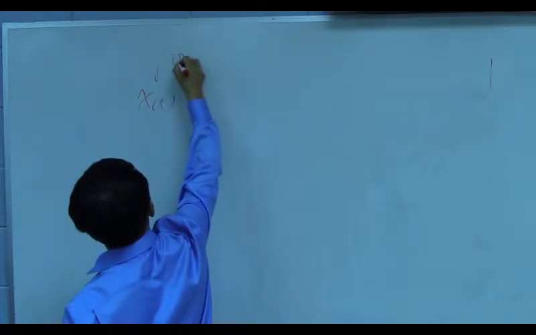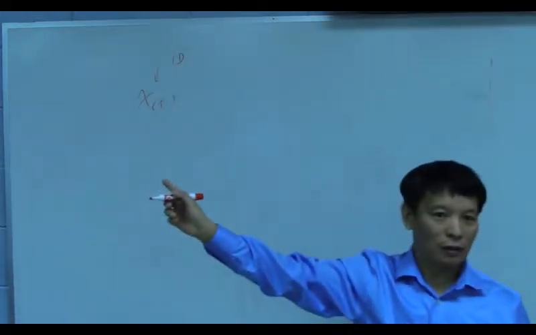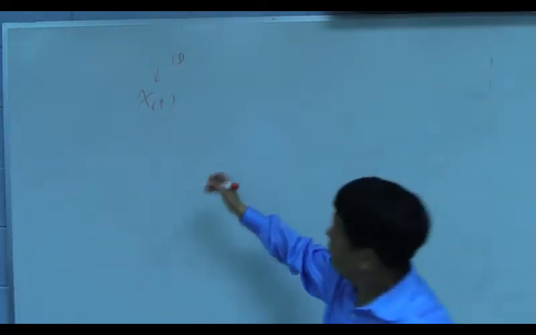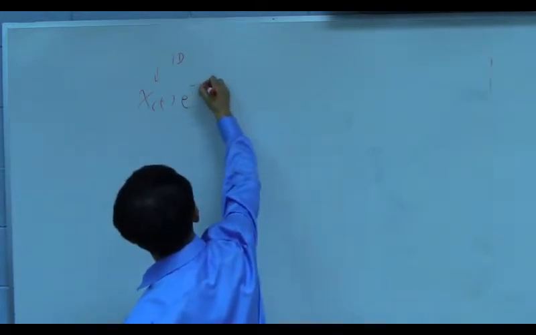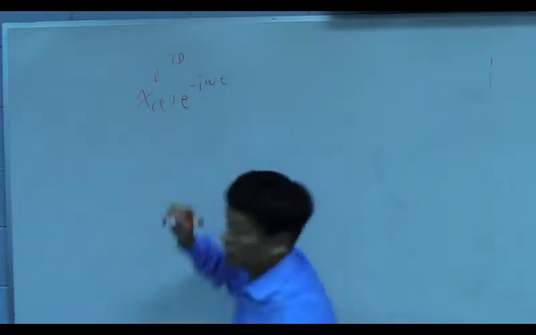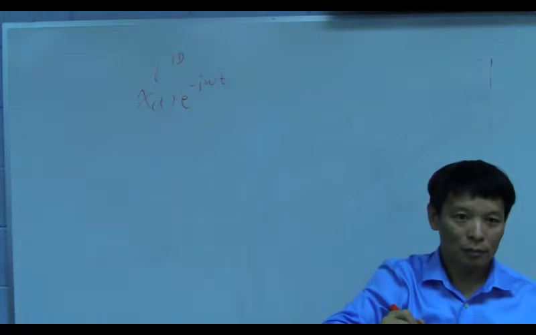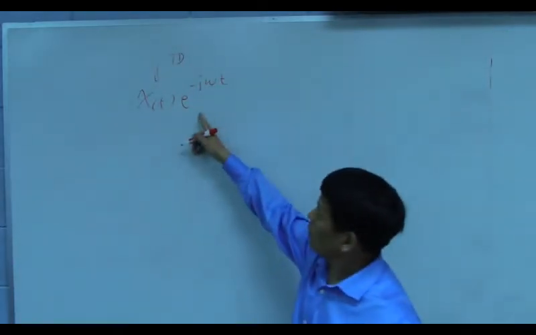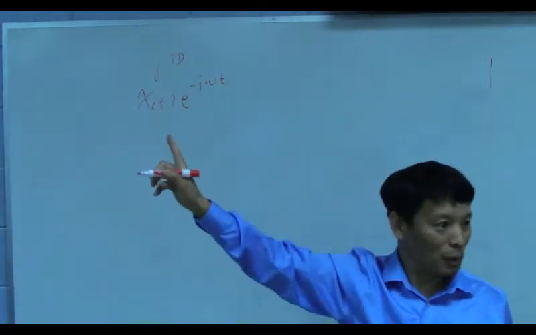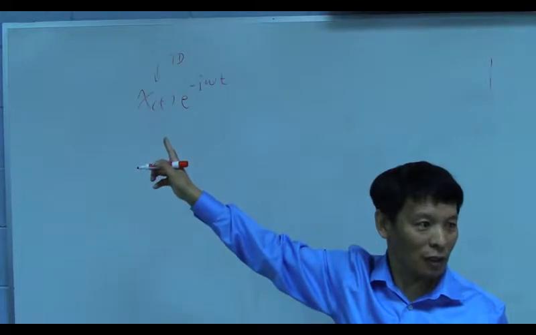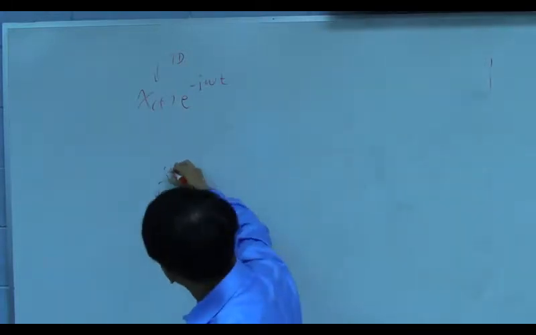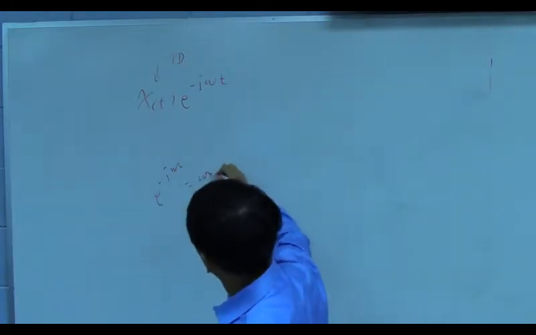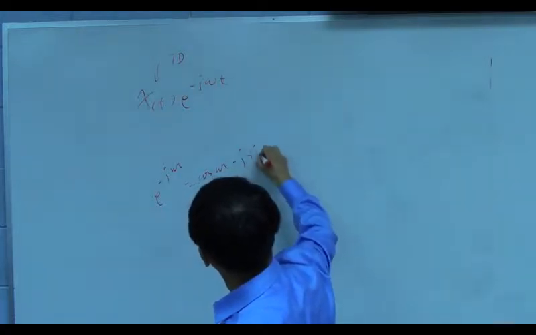So the Fourier transform means I have a time domain signal, which is a function of time, continuous. If I multiply this signal by e to the negative j omega t, everybody still remember from Euler's identity, e to the negative j omega t is cosine omega t minus j times sin omega t.